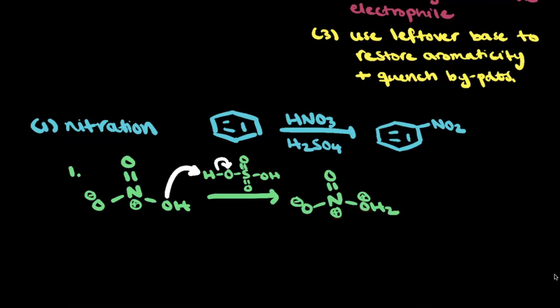But the whole point of this is that you are now forming a good leaving group. So now we can push these electrons back down to form an oxygen-nitrogen double bond and kick off water. That will give you your electrophile along with water.